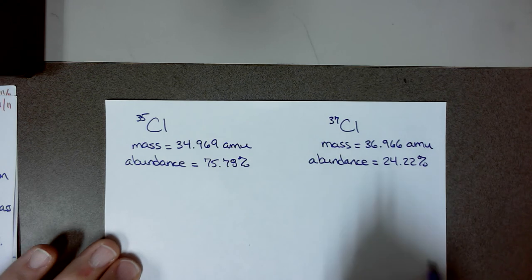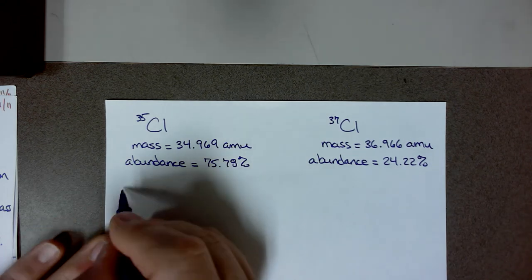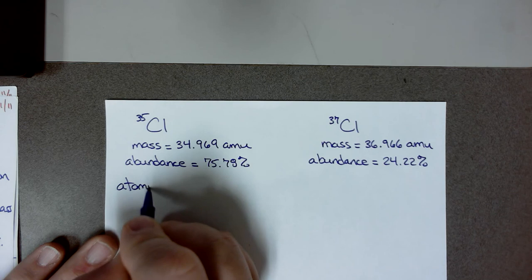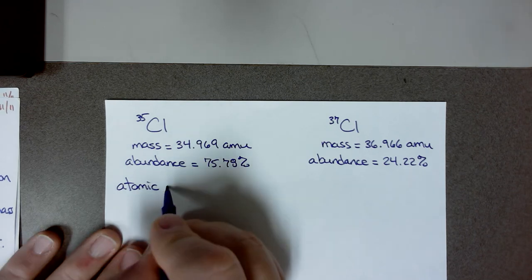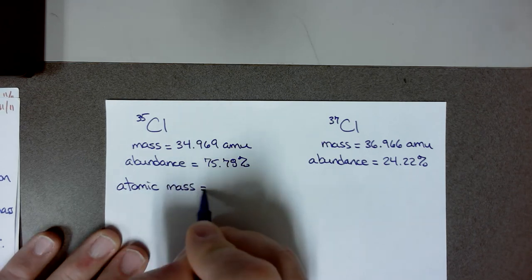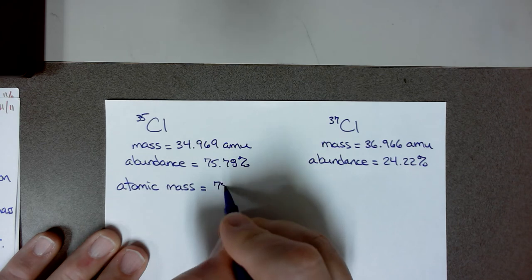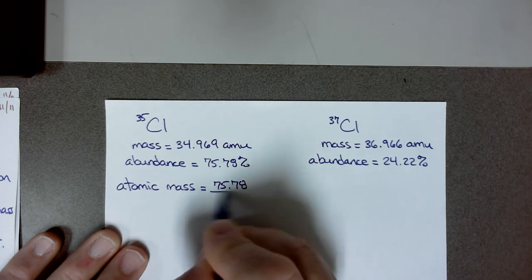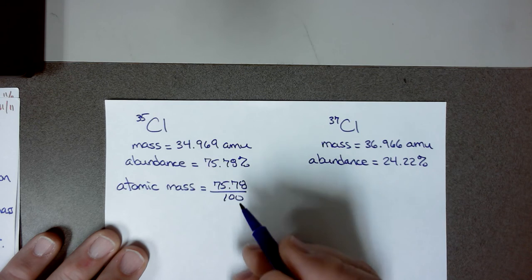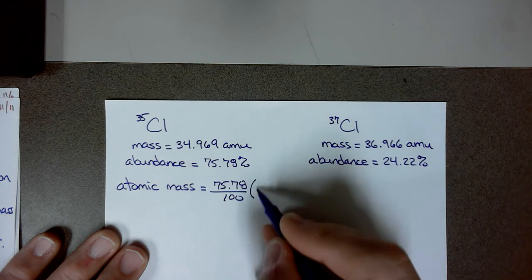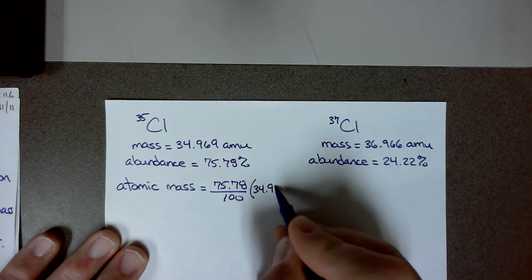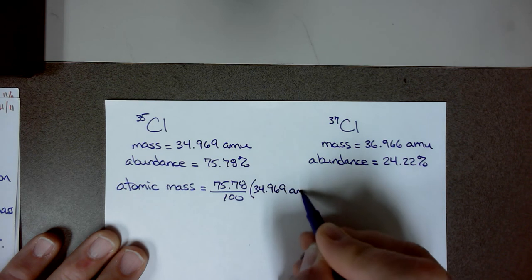So to figure out the atomic mass of this element, we take the percent divided by 100, which gives us relative abundance, times 34.969 AMUs.